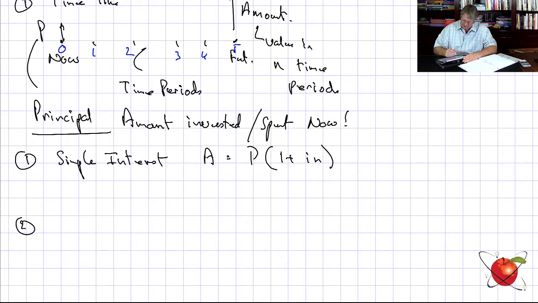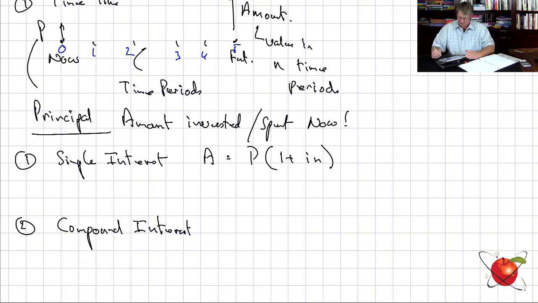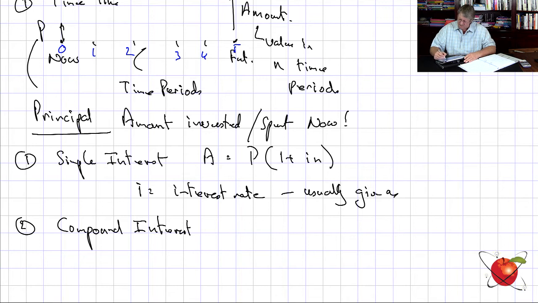And 2 is the compound interest. I is the interest rate. The interest rate is usually given as a percent per annum, and we'll get into compounded monthly and so on shortly.